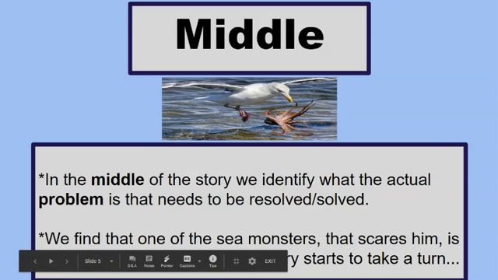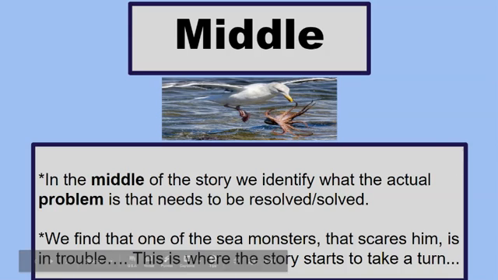This is also the part that creates the turn in the story. This is where the problem starts to unravel or be exposed and has to be dealt with. We need to solve the problem somehow.